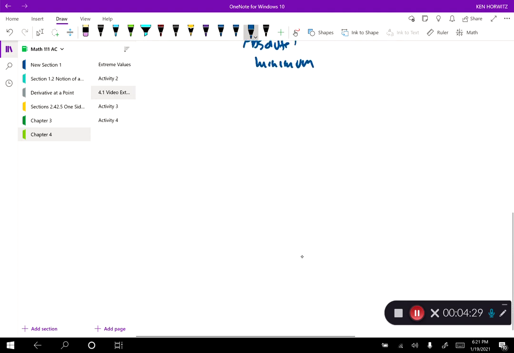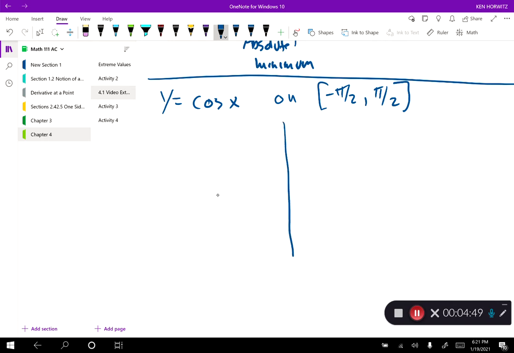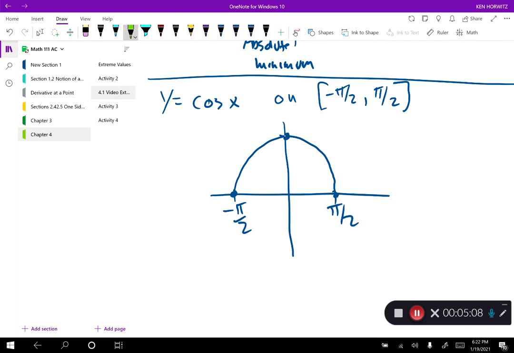Now let's change the function a little bit and see how we do. Next function is y equals cosine x, and I'll keep the same interval, negative pi over 2 to pi over 2. So let's graph it once again. And what we see is up here is your absolute maximum.